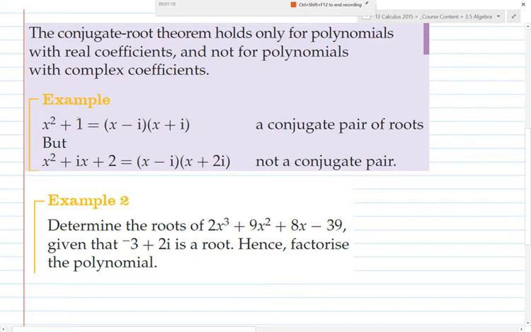That works the other way. If we have real coefficients, then we can often have a conjugate pair of roots. I say often because sometimes we'll have real roots. But when we've got one complex root and real coefficients, then there must be a conjugate complex root as well.